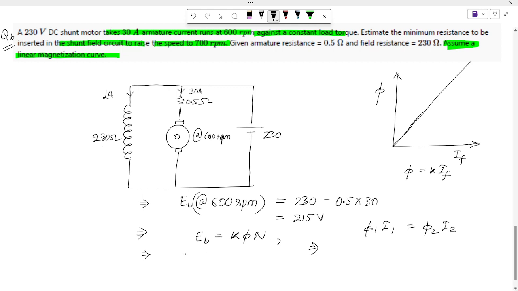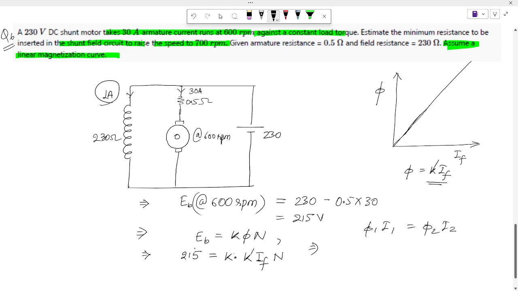This is 215 volt. Okay. Now this is phi. Let me assume this is. Can I write K into 1 ampere? Can I write this or not? And K into K dash, this is K dash. K dash 1, K IF, can I write or not?